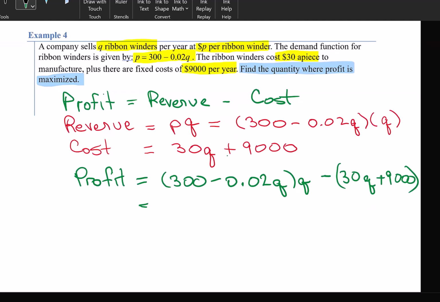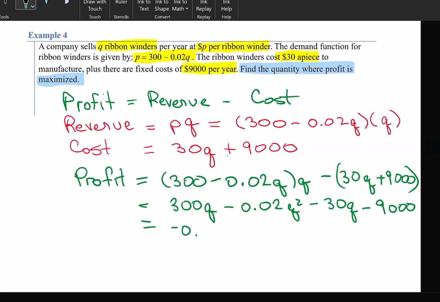This is equal to 300Q minus 0.02Q squared minus 30Q minus 9,000. Let's combine like terms and put it in standard form, which gives me negative 0.02Q squared, 300Q minus 30Q is plus 270Q, minus 9,000. That is my profit.